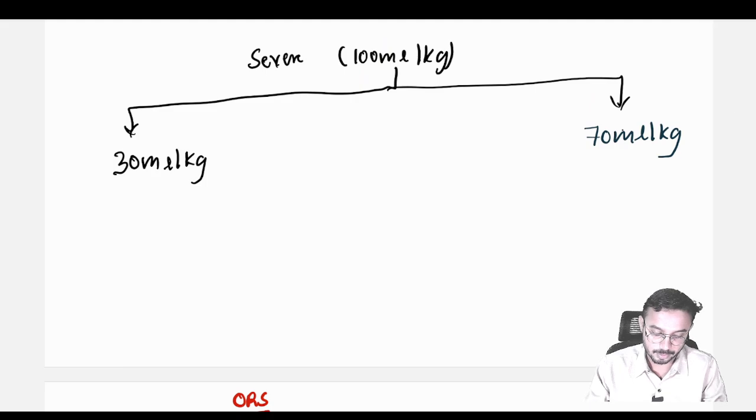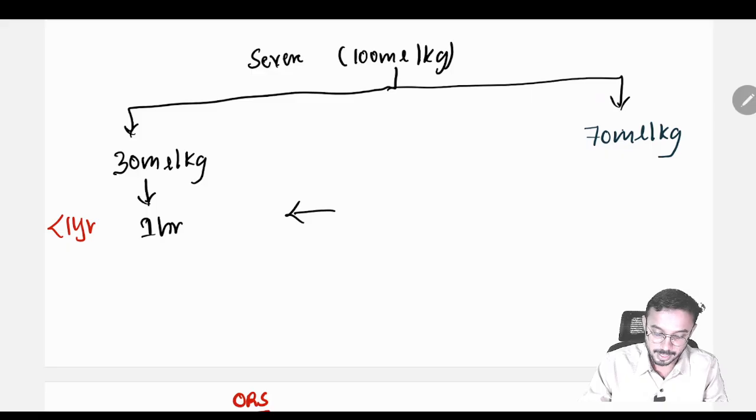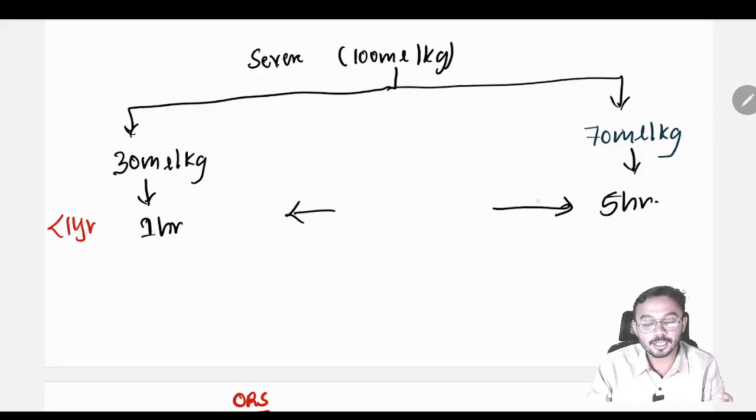If the child's age is less than 1 year, this 30 ml per kg should be administered over 1 hour, and this 70 ml per kg should be administered over 5 hours. So totally you should complete all the fluids in 6 hours.